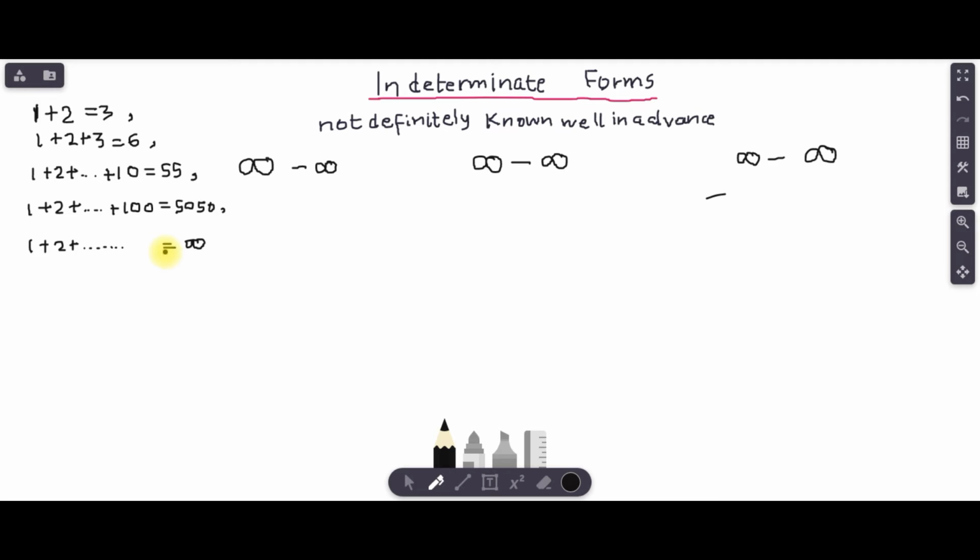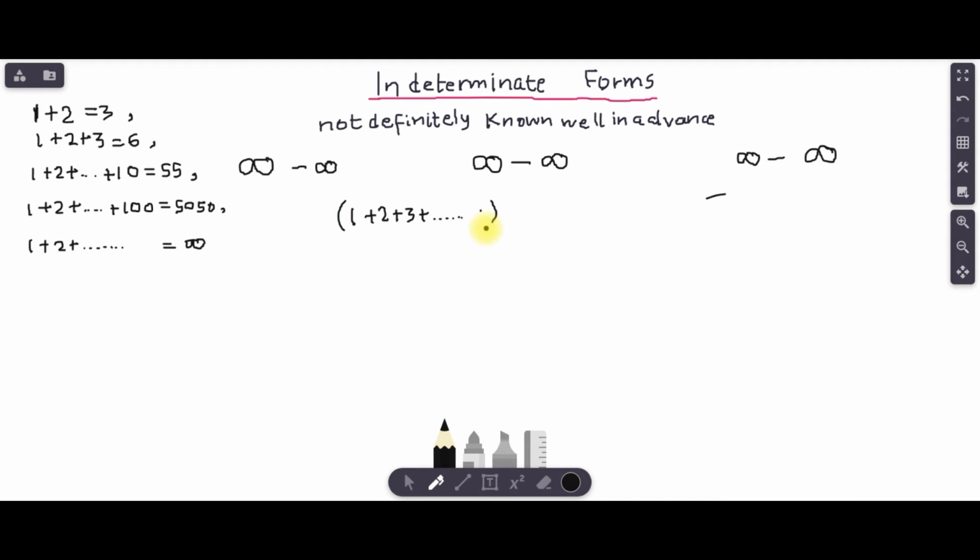To understand this, I'll take this example. Say I take a series 1 plus 2 plus 3 till infinity, the sum is infinite.